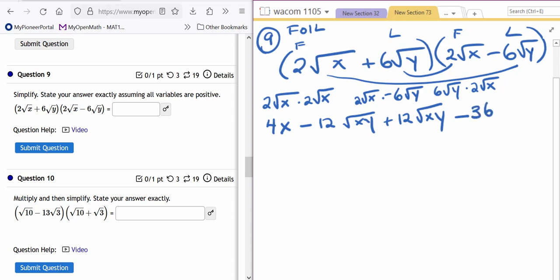You have the same square root times itself. It's going to remove the radical. Then you're going to look at putting these together. A lot of times you get like terms from the outside and the inside. You did get like terms here, and they're going to just cancel each other out. So we have 4x minus 36y.